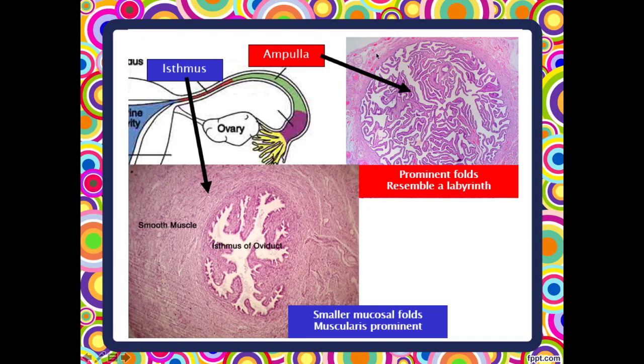And notice the thickness of the wall, which is thinner than in the isthmus, or of course the intramural part. In the isthmus, there are smaller mucosal folds which are not so prominent and not so branched, and the smooth muscle layer is much thicker and more prominent than in the ampulla.